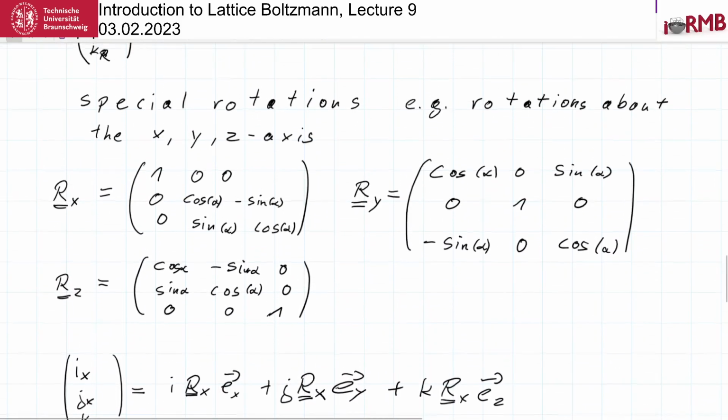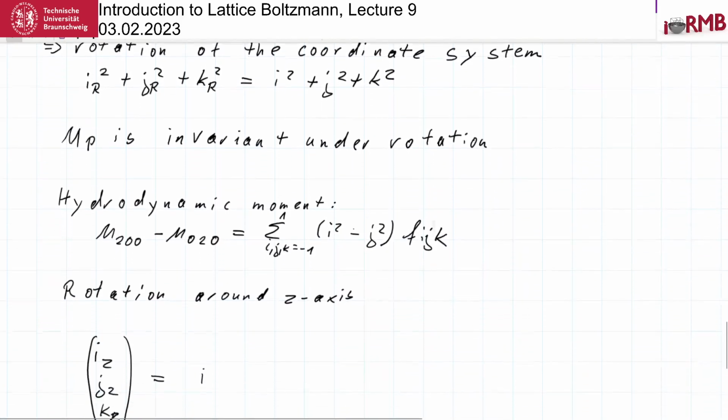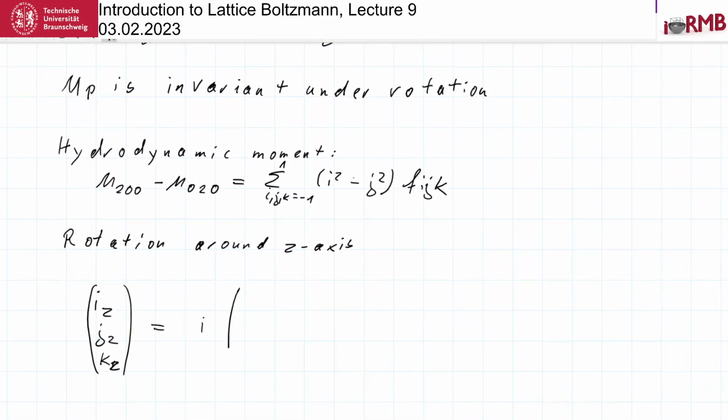So what you get when you multiply this rotation matrix Z that I have up here with the unit normal vectors in the different directions, you get for the first vector the first column, for the second vector you get the second, on the third you get the third column, right? So that just means I can briefly write the cosine. So this is in the first column here: cosine alpha, sine alpha, 0. Then we get the second column.